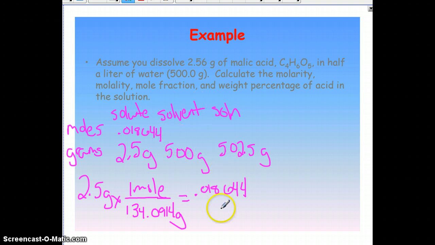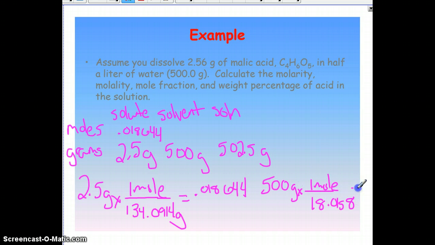Now I need to find out how many moles of solvent I have. That's going to be water, and we have 500 grams of water. We know the molar mass of water is 18.0158 grams per 1 mole.